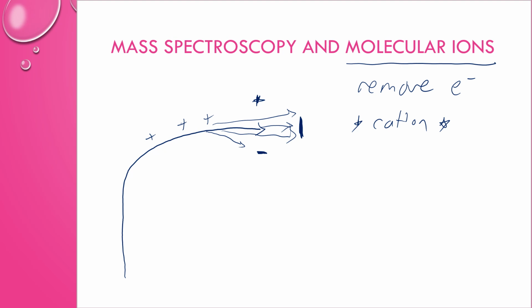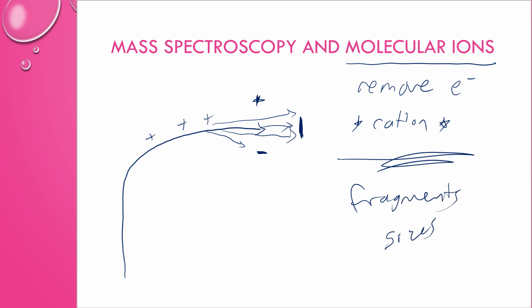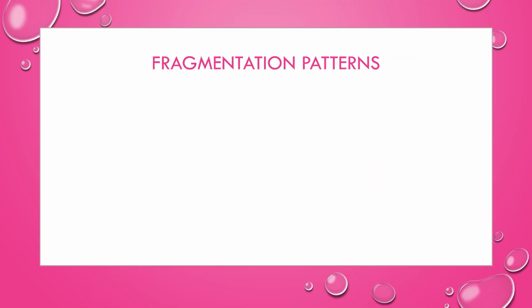And effectively, in this process of creating molecular ions, you're going to make a bunch of different fragments of different sizes. And that's really important because it separates in this mass spectrometer by the mass. So while you don't necessarily have to be able to explain how the mass spectrometer works, you do need to be able to read the fragmentation patterns that arise.